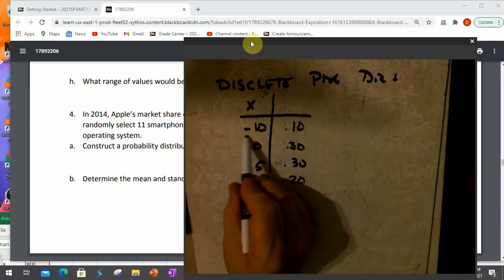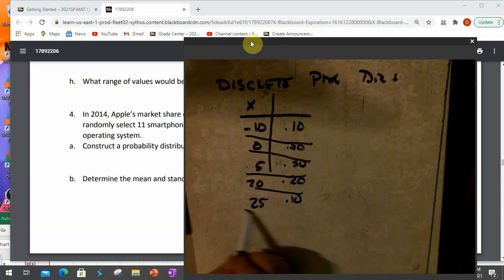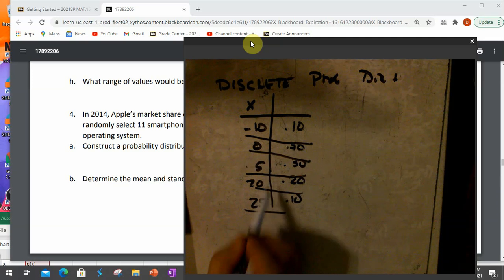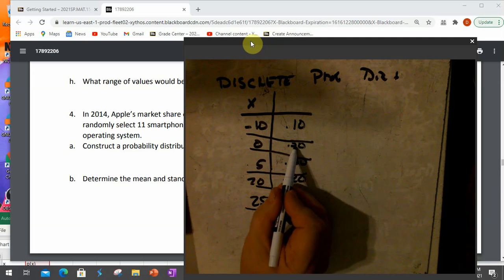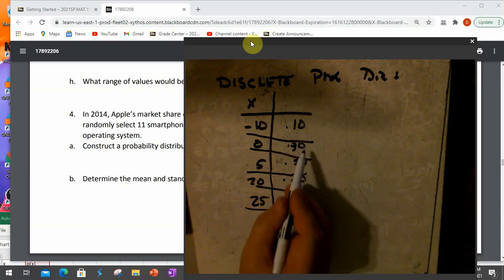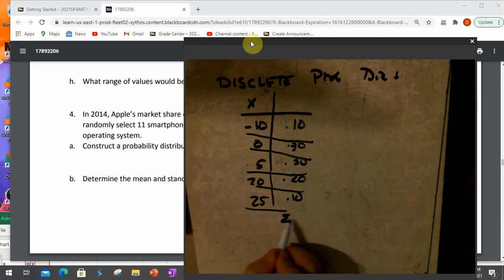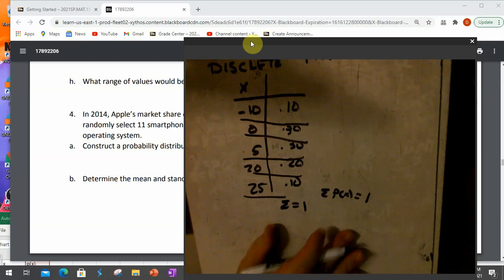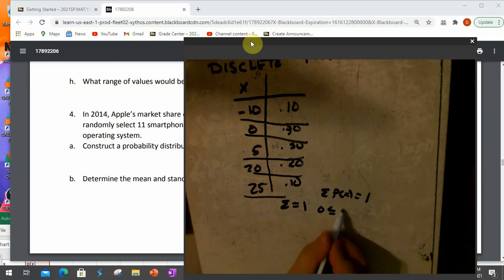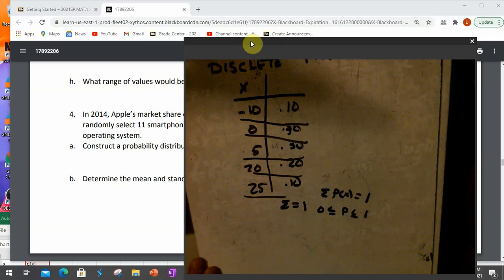Let me make sure this is working out, okay? It can only take on these values and particular probabilities. This thing needs to add up to be 1. The sum of the probabilities equals 1, and 0 is less than p, which is less than 1. All of these have to be between 0 and 1.